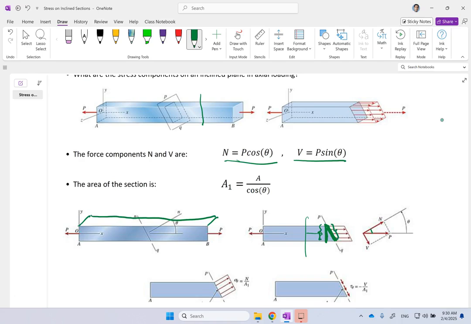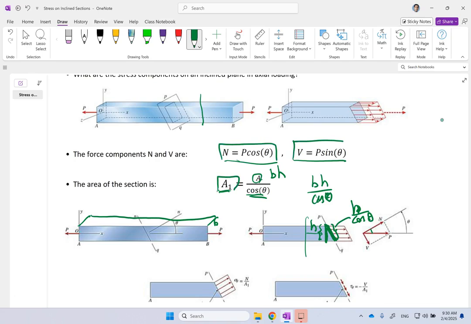If that was H, this is going to be H over cosine theta, and assuming B stays the same, the original A was BH, and now the new one is BH over cosine theta. So compared to the original A, the A of the inclined plane is A over cosine theta. Since cosine theta is less than 1, clearly A1 is bigger than A. So that's the cross section.